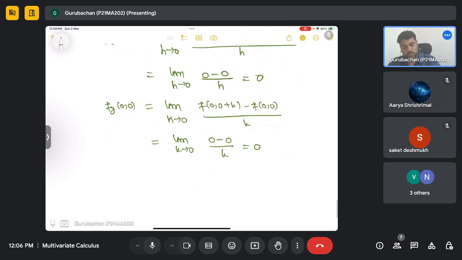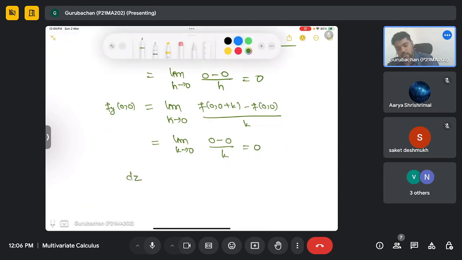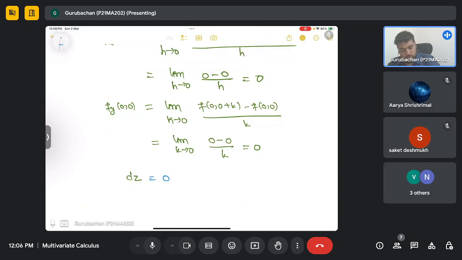So from this, we can say that our dz is 0 into delta x plus 0 into delta y, which will be 0.